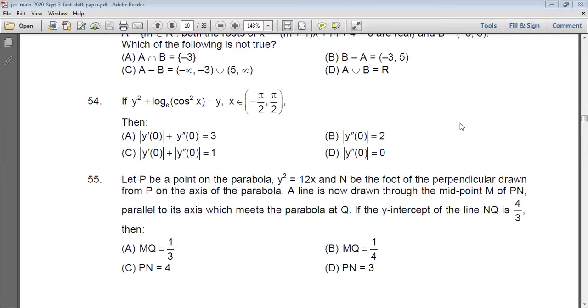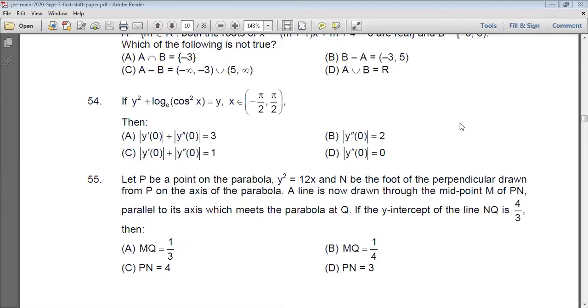Look at this problem. y square plus log of cos square x to the base e is equal to y. Then which of the following options are correct?